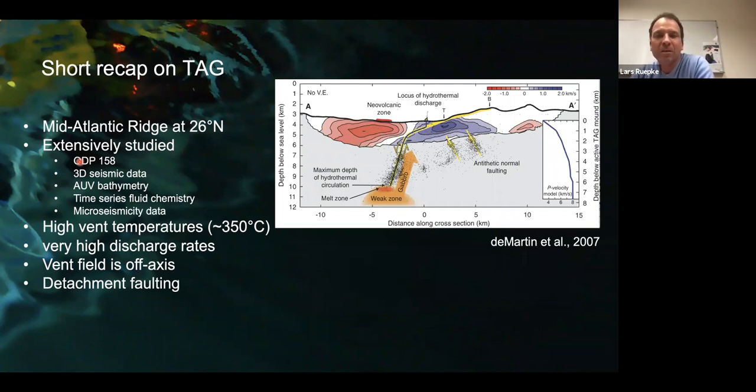There's this famous paper on interpreting the flow zone, and this again is about drawing arrows. One idea of how the system could work is that we have this cluster of microseismicity that tilts towards the TAG location, so maybe this connects to a detachment up there.